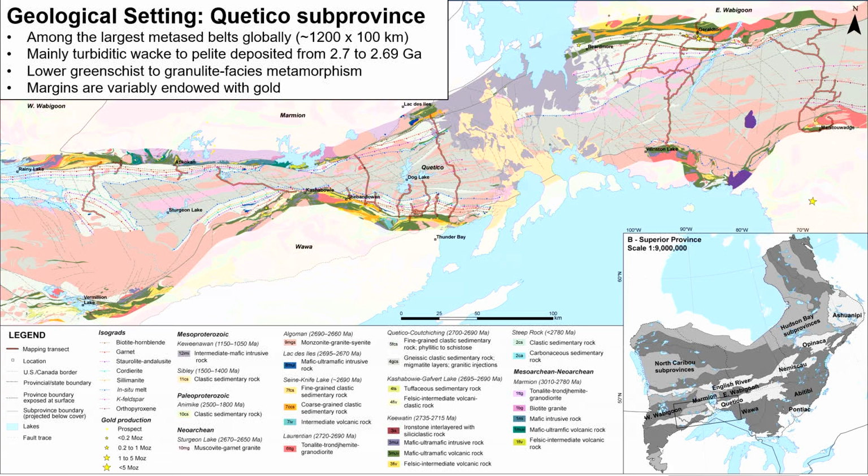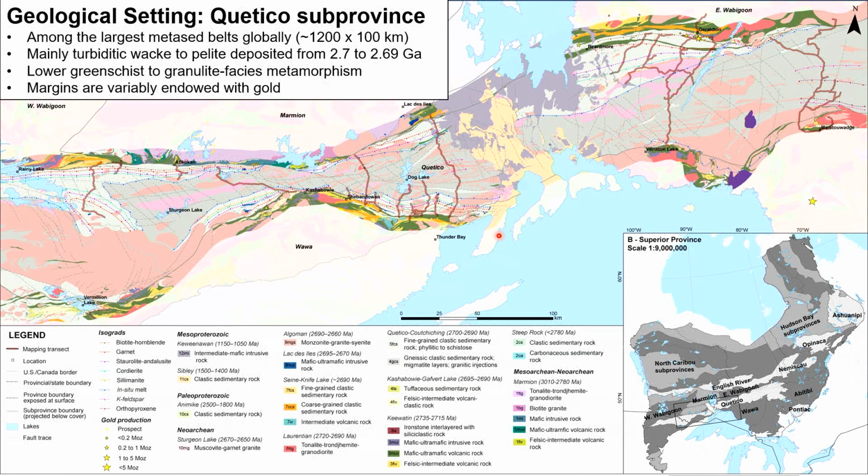So the Quetico is a great opportunity to look at a complete and symmetrical gradient through the chlorite low-grade margins in through the granulite core, and then back on the other side into the low-grade margins. It's a huge belt, very well exposed with highways. And its margins are variably endowed with gold.